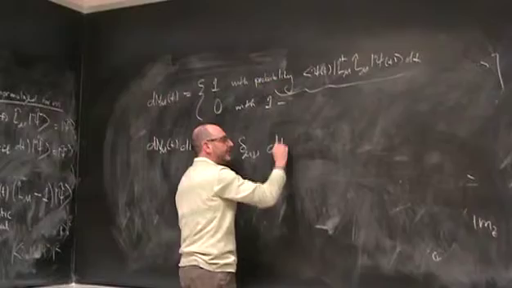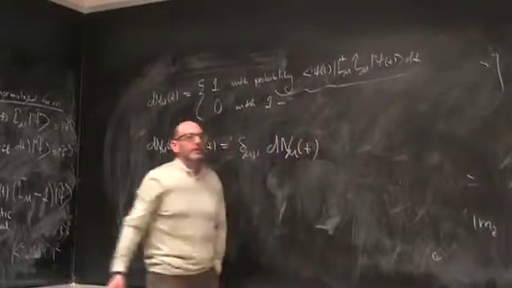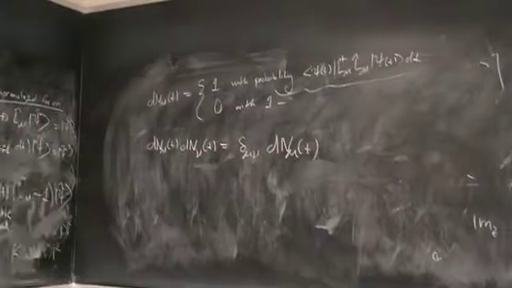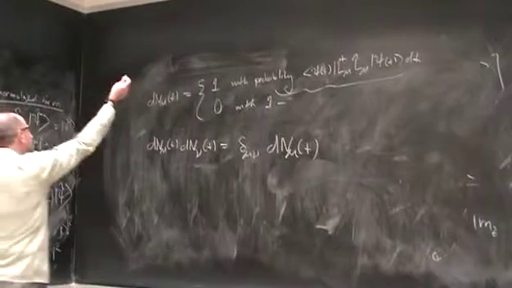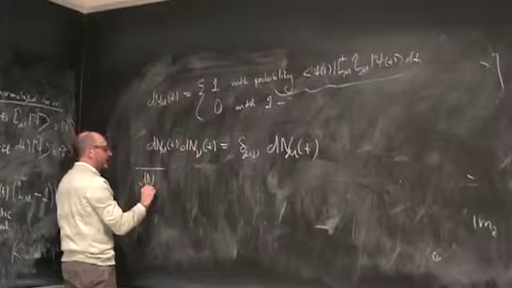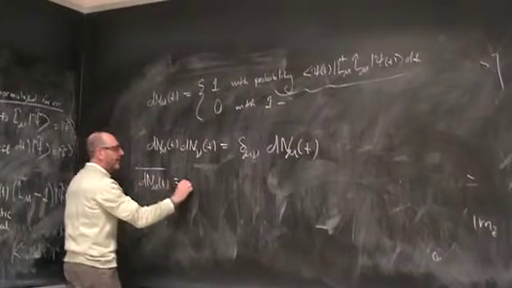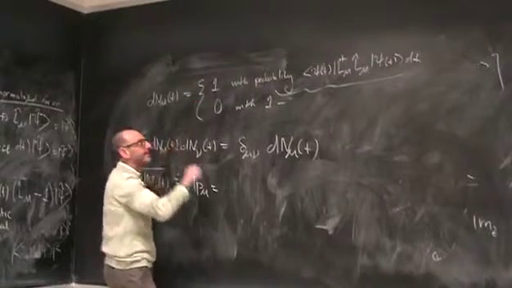So this is equal to dn. When you square it, you get the same thing, because it's 0 or 1. Okay? And clearly, if I average this over realizations, I get the probability dp mu because of these probabilities.